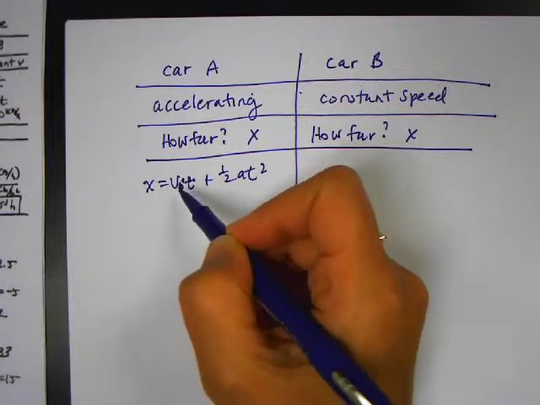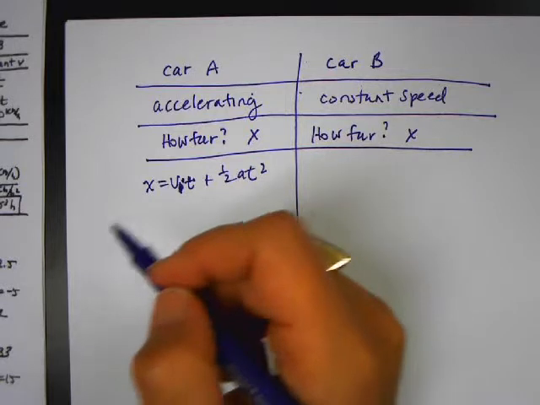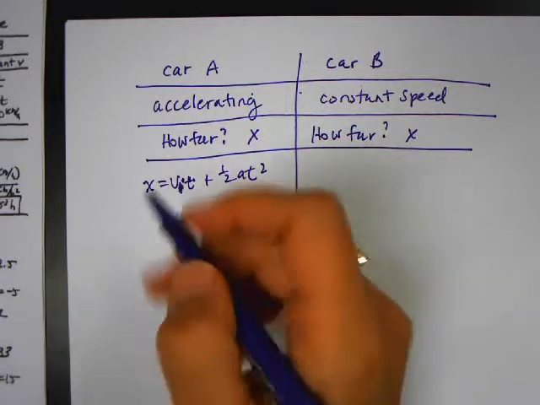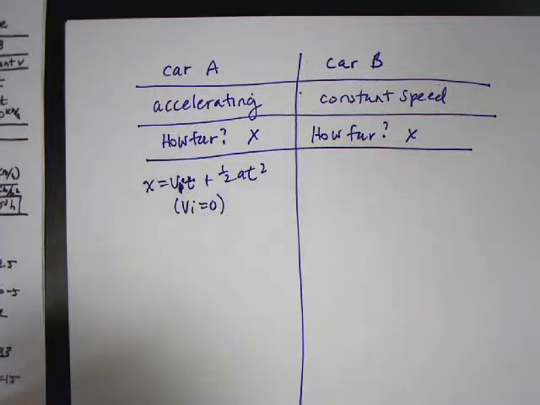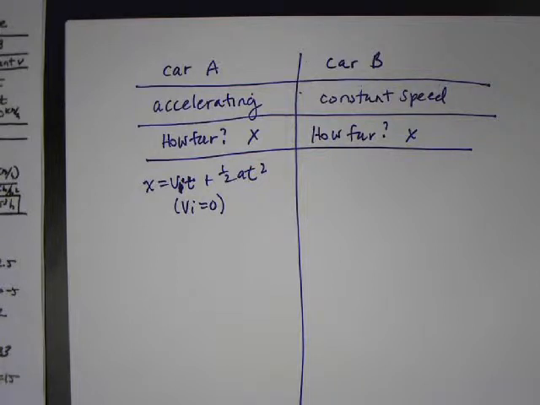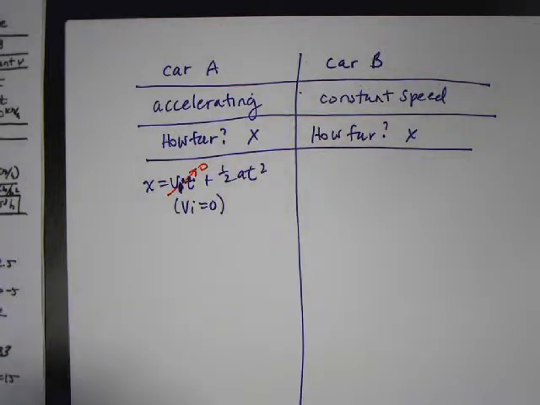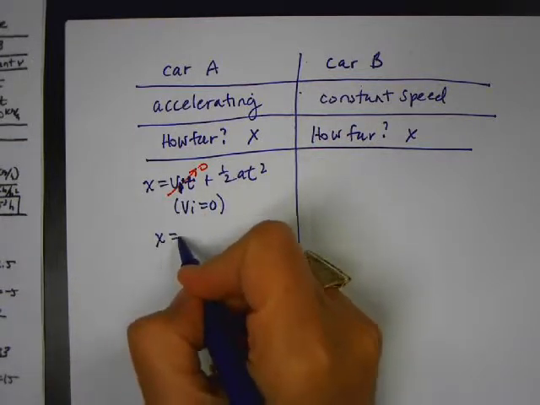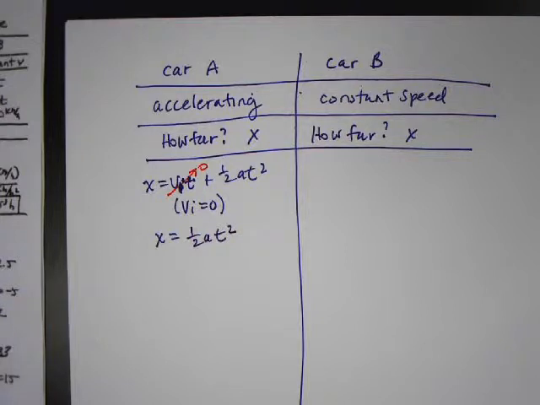And sometimes I say v naught because that's what we use in AP Physics, and sometimes I get confused because I'm doing both classes. So the initial velocity is equal to 0. So this whole term goes to 0. So let me just get rid of that. So now the equation for this one is x is equal to 1/2 a t squared because that car is starting from rest.